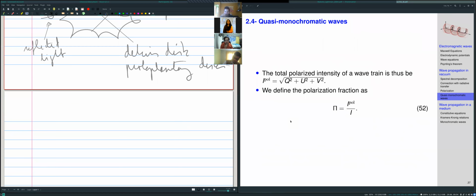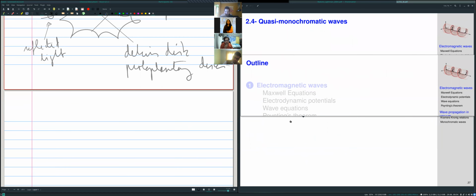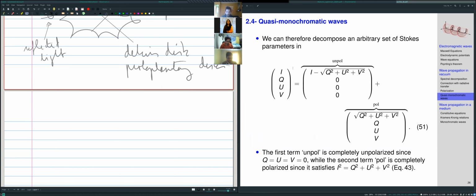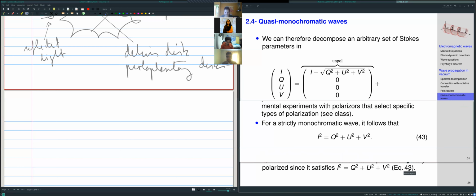Okay, so yes, just to summarize, we define the polarization fraction as the relationship between the polarization of a signal relative to the total Stokes I. So we have this decomposition. This is the real signal on the left, and we artificially decompose it in two parts. And this part here on the right has the good taste of fulfilling equation 43, which is valid for a fully monochromatic wave.